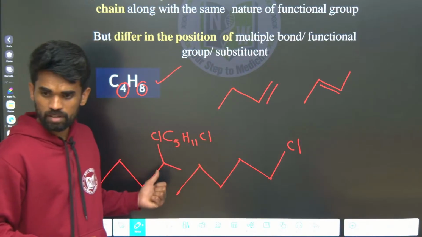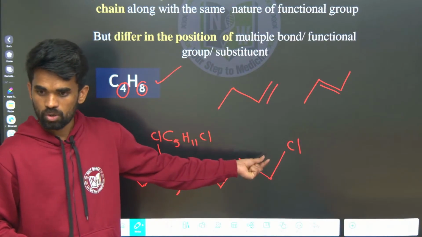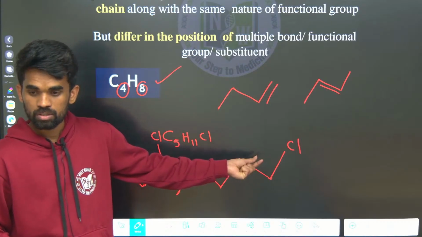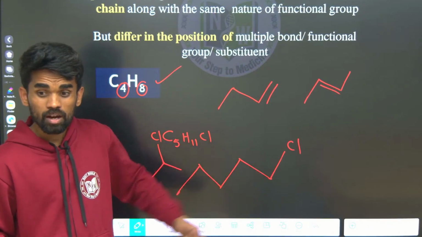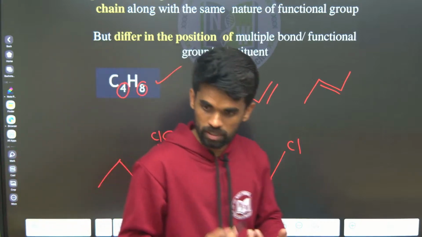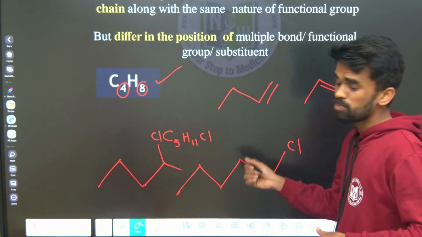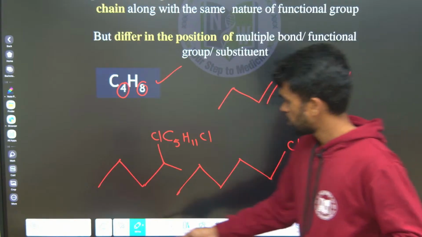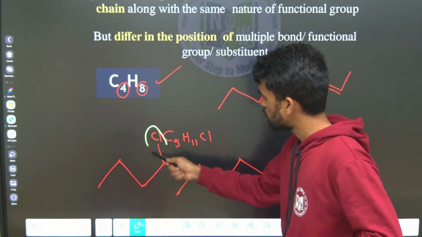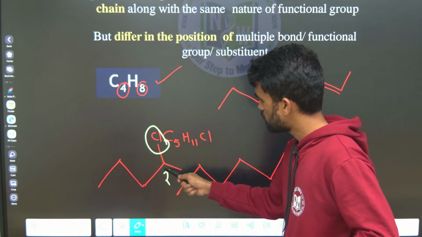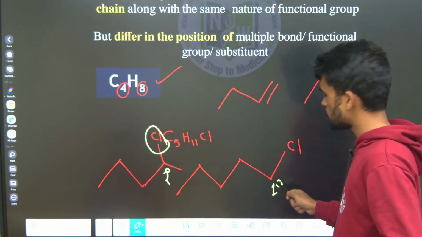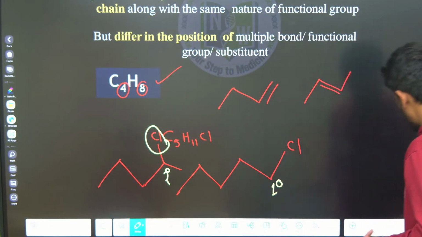They differ in the position of chlorine. This is not functional, these are positional isomers. The position of chlorine here is 2, here it is 1. So these are positional isomers.